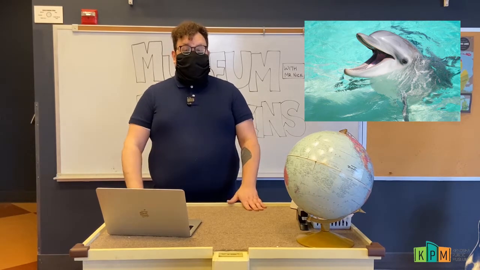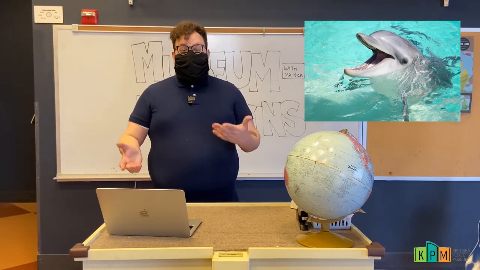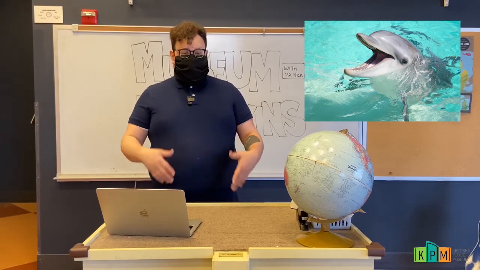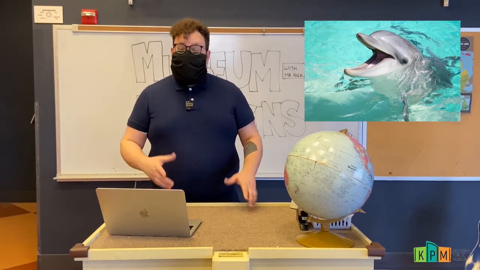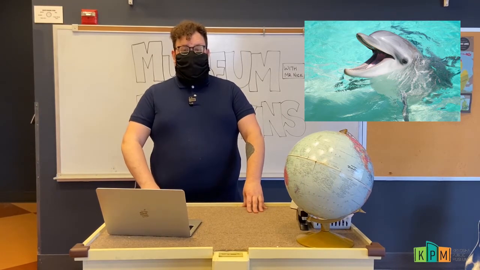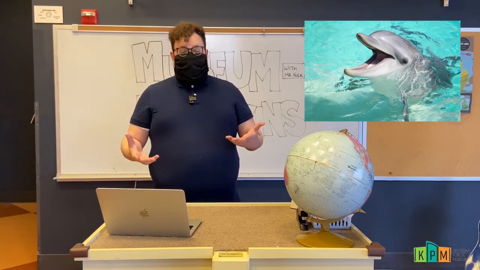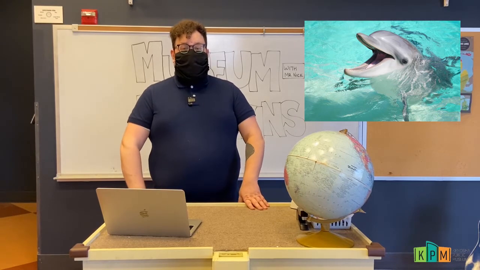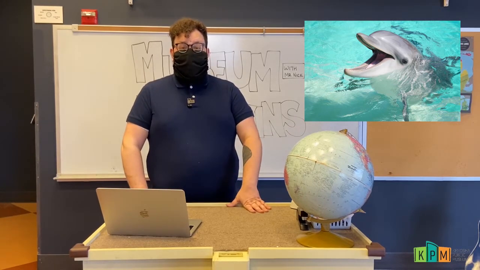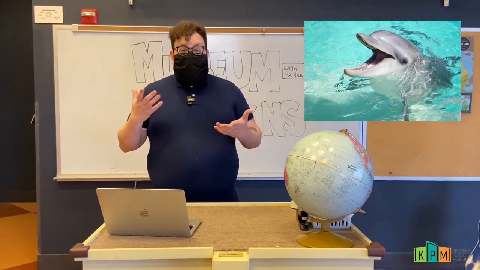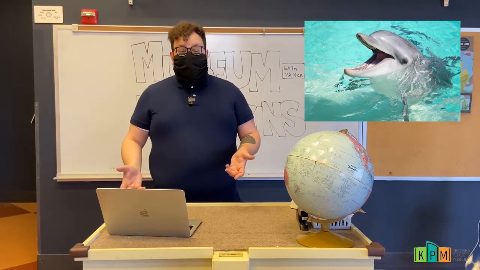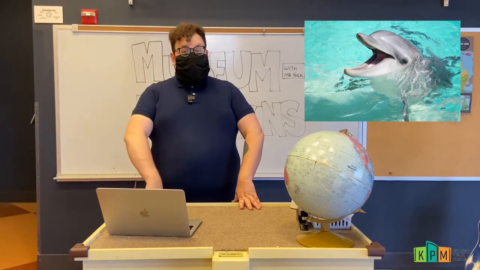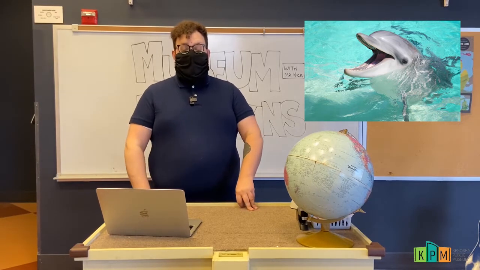And speaking of dolphins learning and teaching each other, that's part of a dolphin culture that scientists are learning more about right now. Bottlenose dolphins in the wild have actually been observed having a culture amongst their pods, which is something that we kind of think of as uniquely human, having culture.